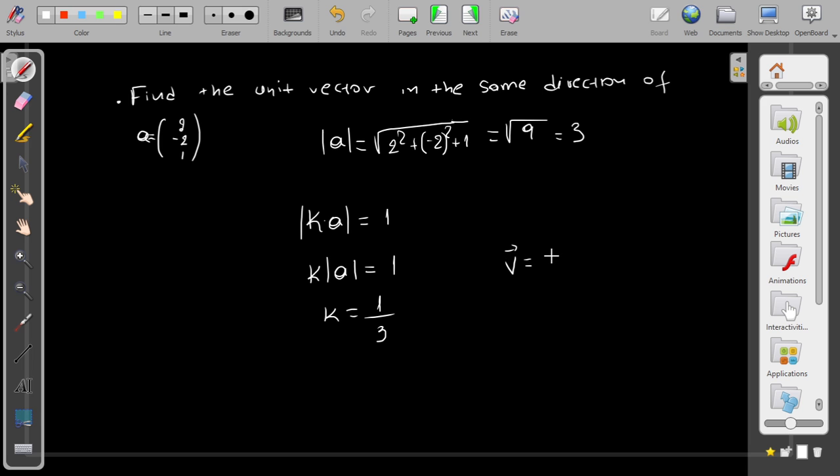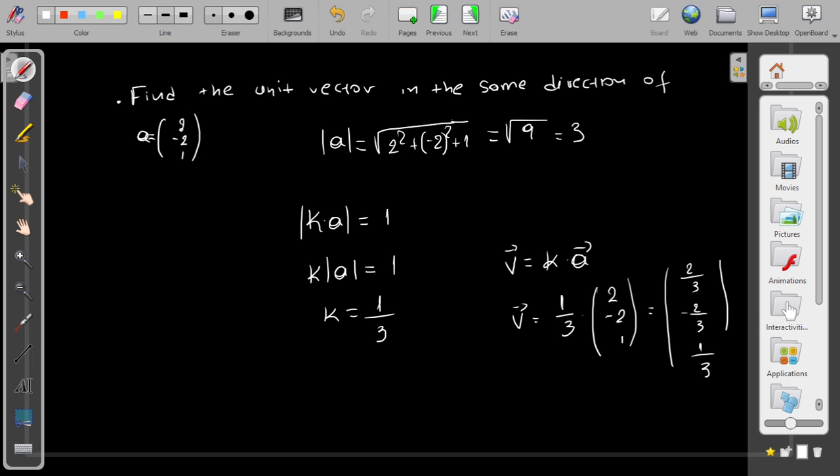So my unit vector will be K times my vector. So V will be 1 over 3 times my vector, which is (2, -2, 1), which is obviously (2 over 3, -2 over 3, 1 over 3).